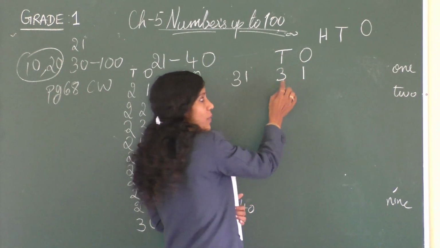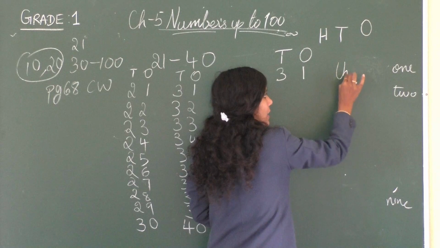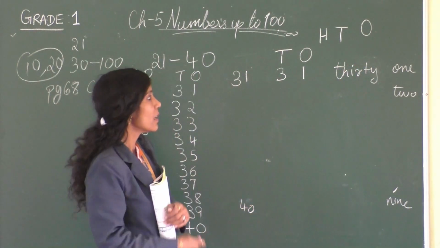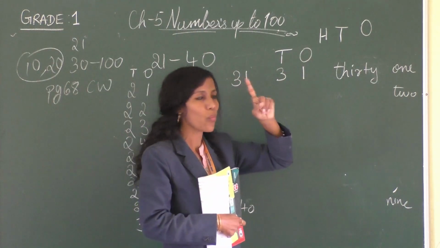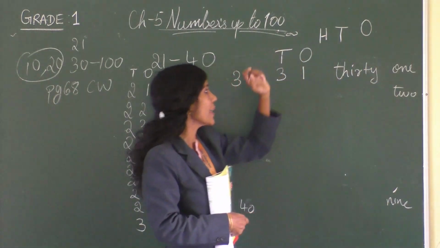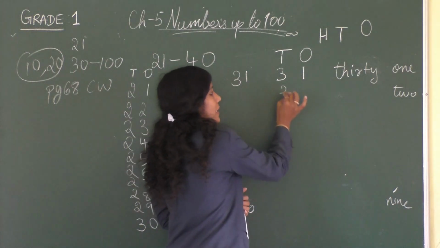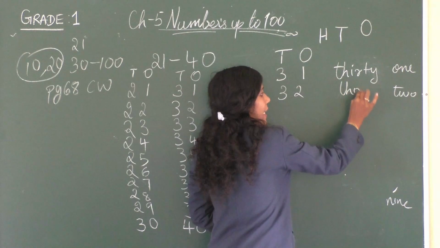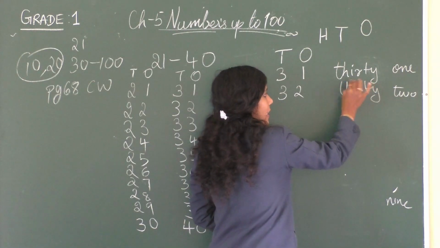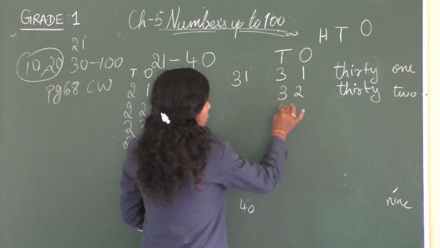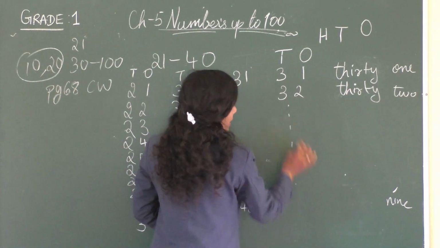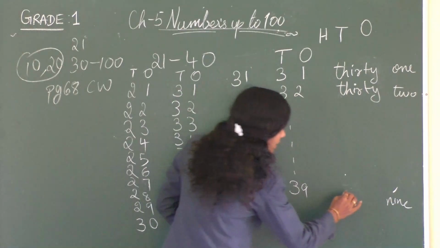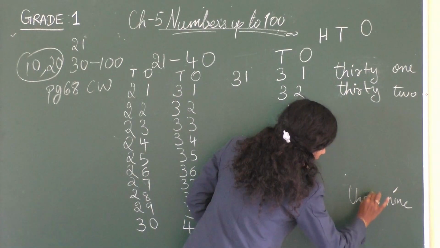So under tens we have 3, so we write here THIRTY, and under ones we have 1, so we write here 1. Similarly 32: here we write THIRTY, 32. This goes on till 39. So here it is THIRTY, 39.